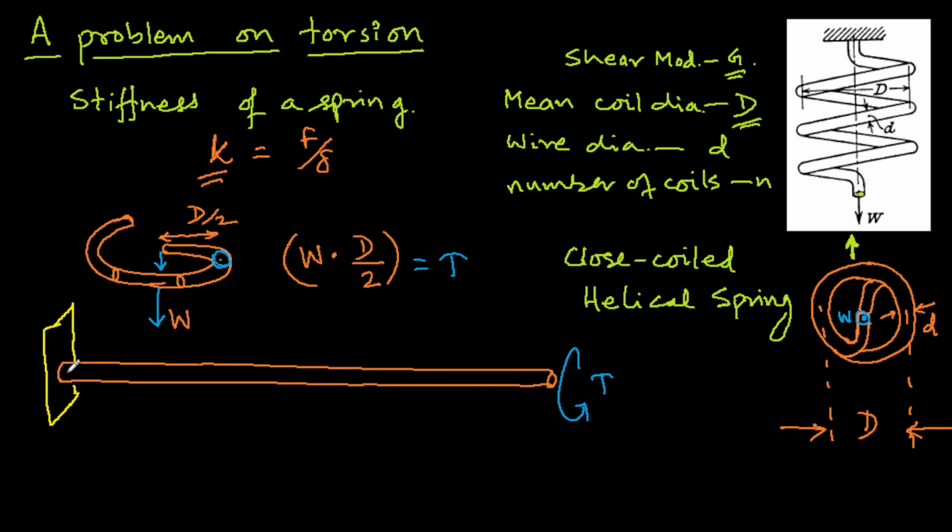So instead of keeping this in a lengthwise manner where it would have taken a long distance, we have just made it into a helix, so that the stiffness actually comes from the torsional stiffness, and that is converted into this linear translational stiffness. So then let's see what we can do now with this.